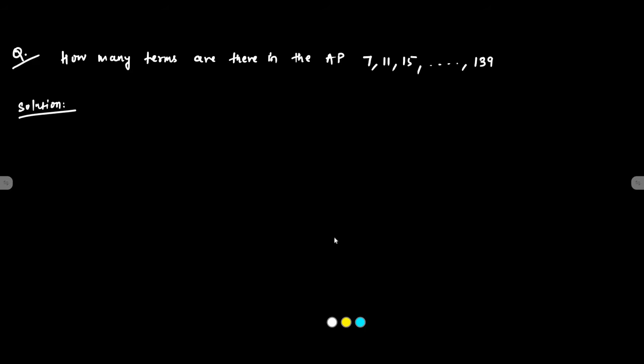So again, it is based on the nth term formula. The nth term is given by a plus n minus 1 into d.